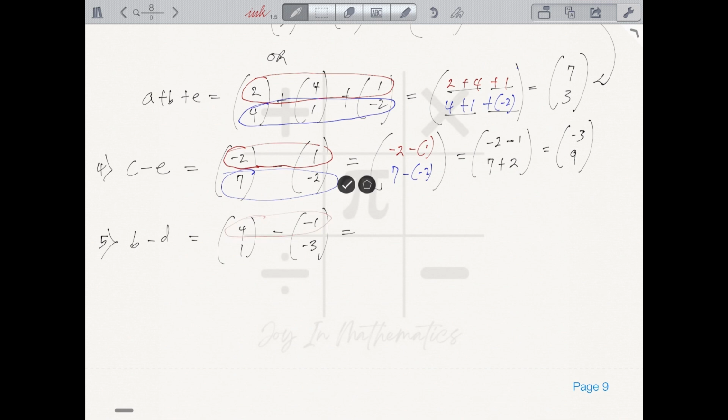That's 4 minus -1. And the y component, that's 1 minus -3. When we resolve this, we would have 4 plus 1 and then 1 plus 3. And this would result in (5, 4).